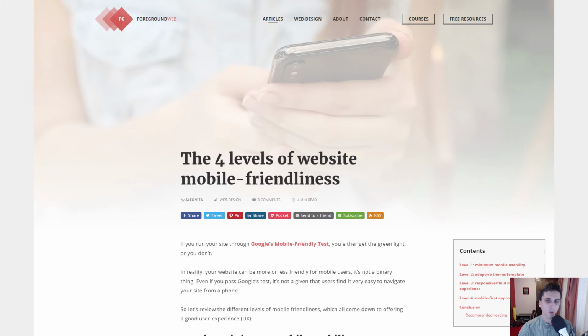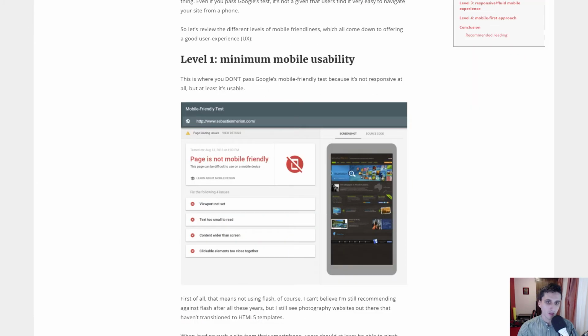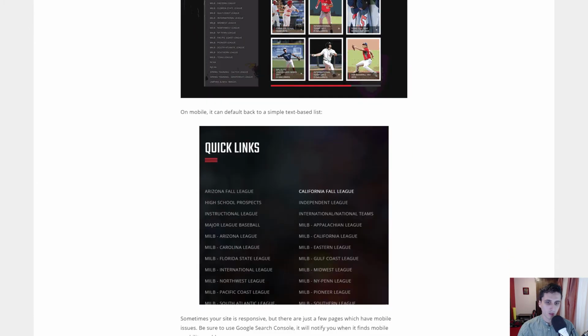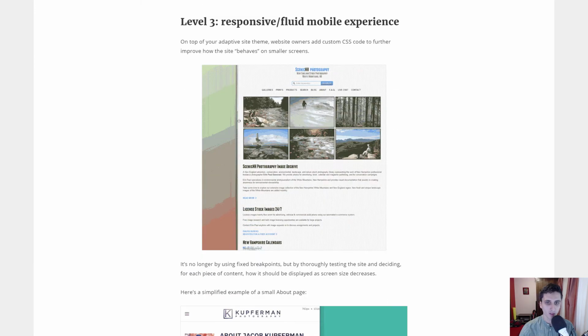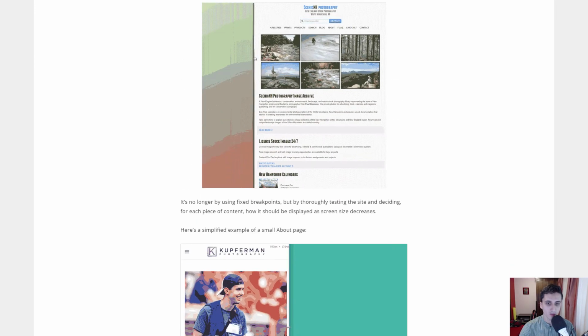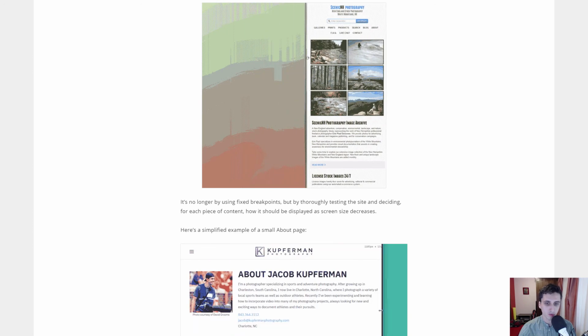There's an article on my website where I talked about the different levels of mobile friendliness. And okay, Showit is not a number one. It's somewhere around level 2 because it uses specific breakpoints, but it's definitely not better than that. It's not fluid like you can see in these animations on the screen.